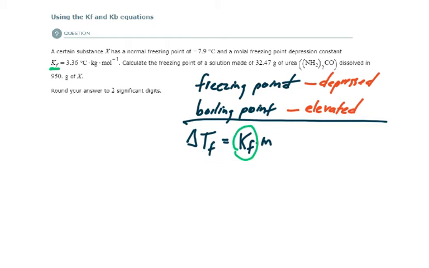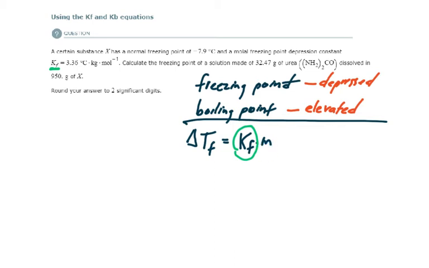Now think about what I just said about colligative properties. These two colligative properties: freezing point is depressed, boiling point is elevated. So what we are finding is the change in the freezing point, or the freezing point depression. This is going to tell us how many degrees Celsius the freezing point is going to go down with a solution of this molality.